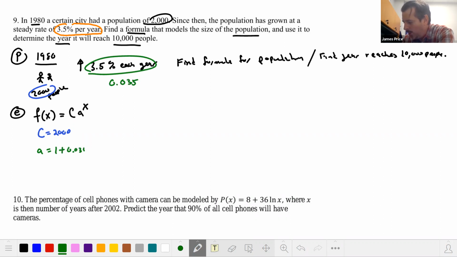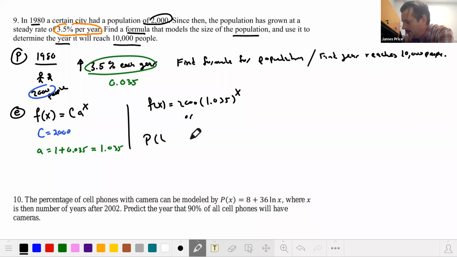The 1 is the whole part, and the 0.035 is the additional 3.5%, so a is 1.035. And so the formula is f of x equals 2,000 times 1.035 to the x. Or if you like, we can write this as p of t equals 2,000 times 1.035 to the t. That's how I'd like to do it.